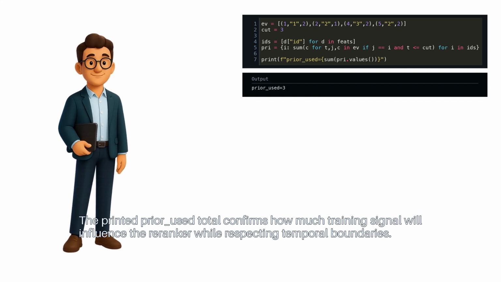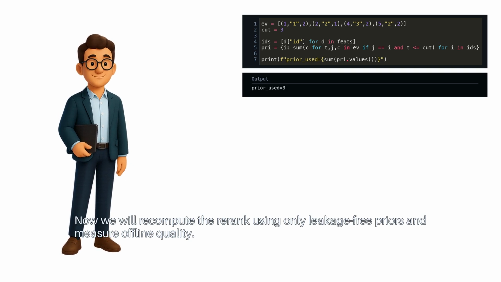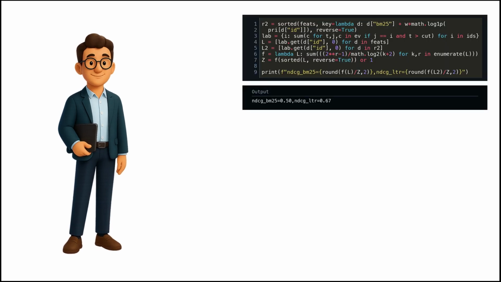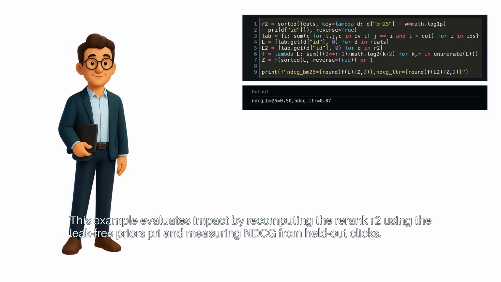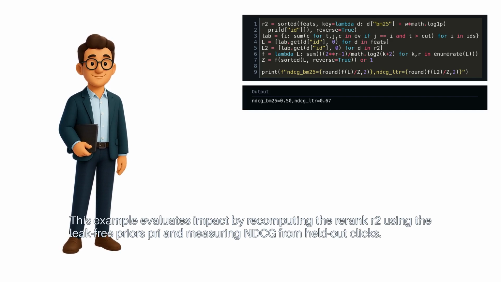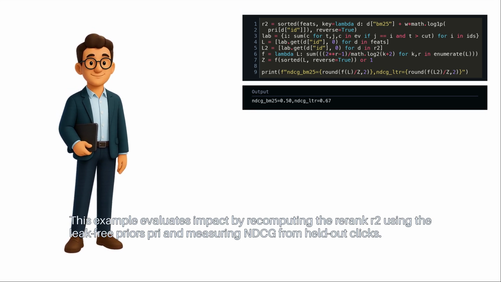while respecting temporal boundaries. Now, we will recompute the re-rank using only leakage-free priors and measure offline quality. This example evaluates impact by recomputing the re-rank R2 using the leak-free priors PRI and measuring NDCG from held-out clicks.